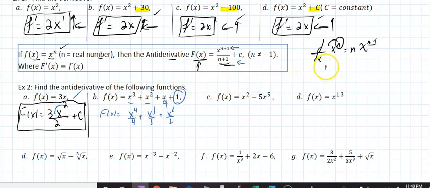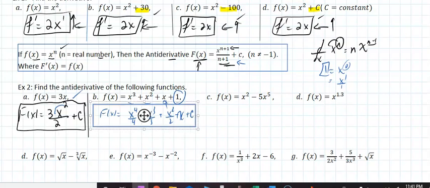Well, you could think of 1 as x to the 0 if you wish. So add 1 to the power, divide by that, or simply, what do you take a derivative of to get 1x? And don't forget, you need to add the c. You add a c every time you find the antiderivative, which is something we're going to be doing now.